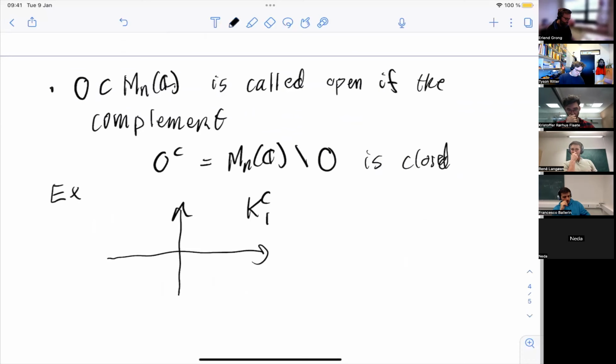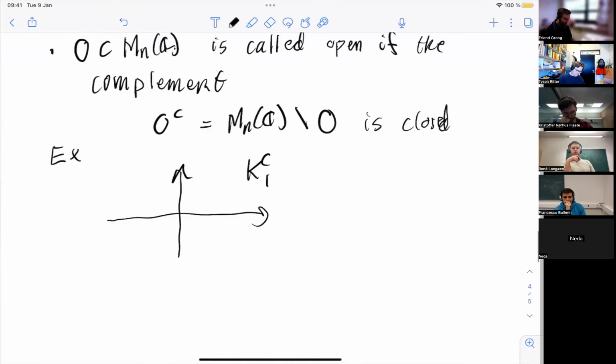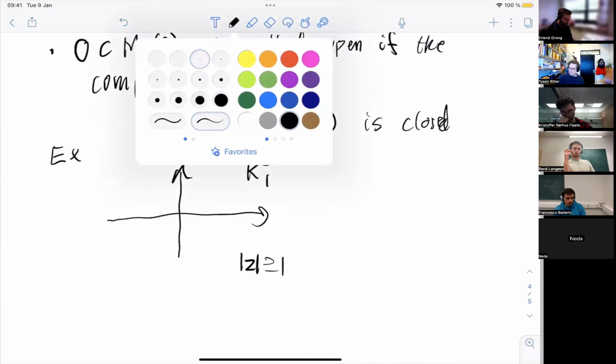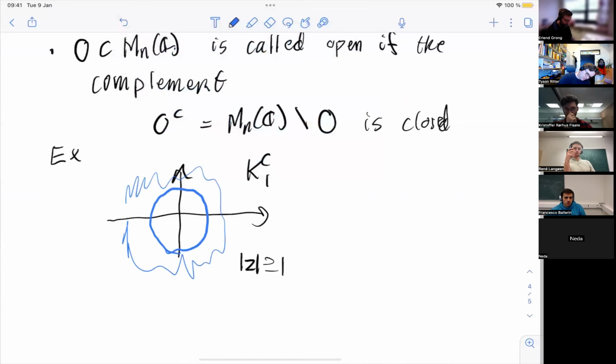So for example, if we do the complement of K1 above here, that will be all of the x which is greater or equal to 1. So it's everything outside of here.